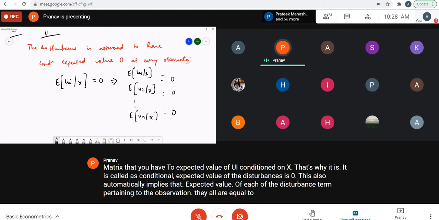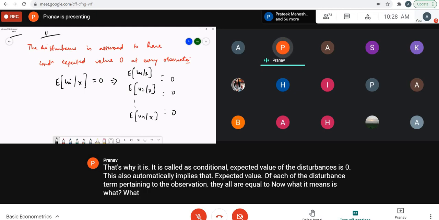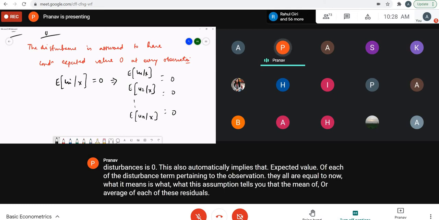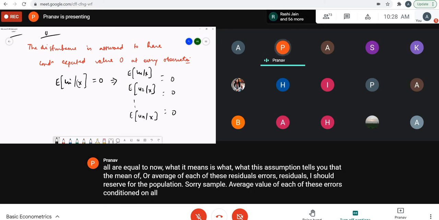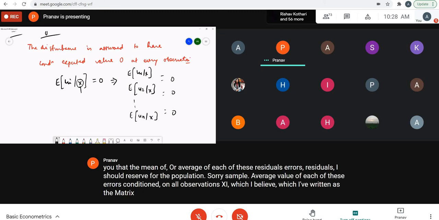What this assumption tells you is that the mean or average of each of these errors, the population errors, since I should reserve the word residuals for the sample, conditioned on all observations x_i, which I've written as the matrix X, is 0.